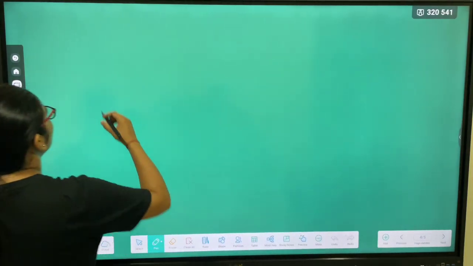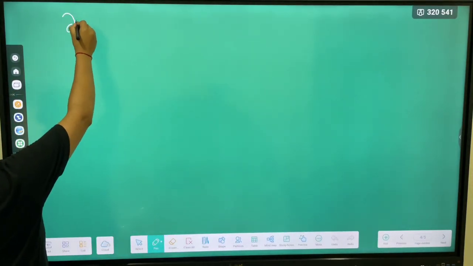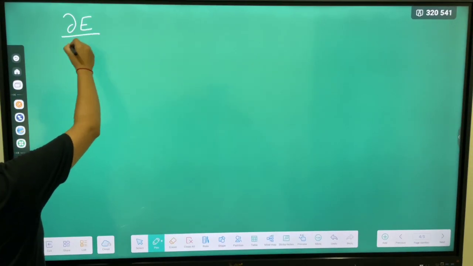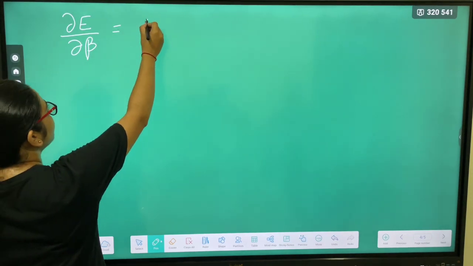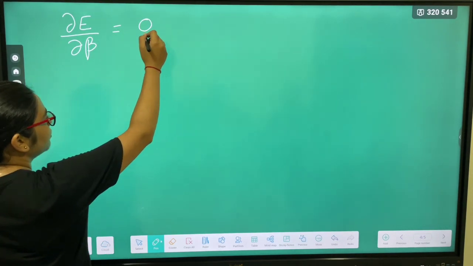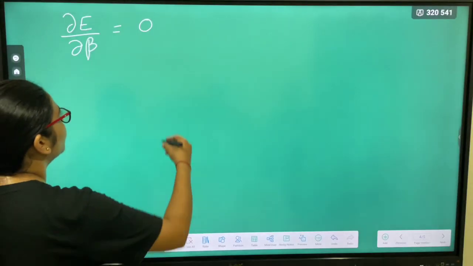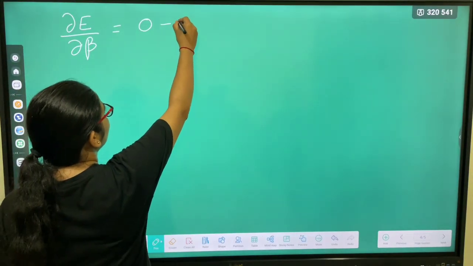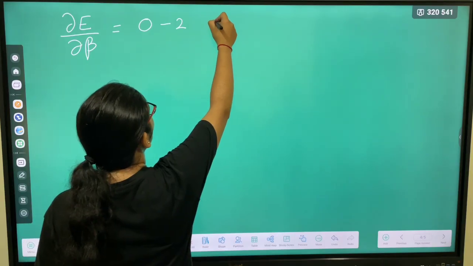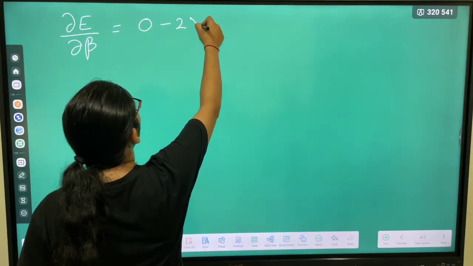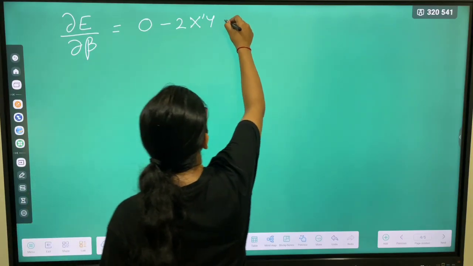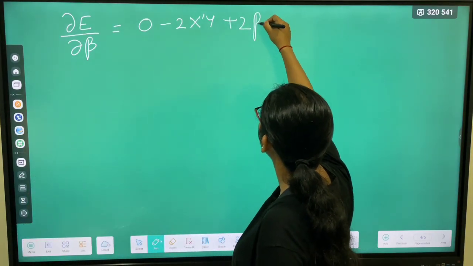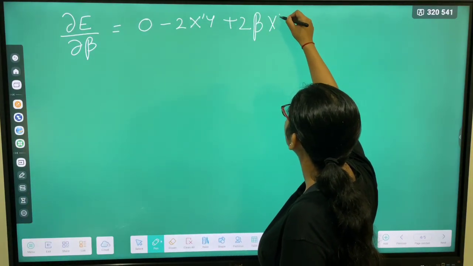Now we will differentiate it with respect to beta. Then we will get differentiation of y dash y as 0, and minus 2 x dash y plus 2 beta x dash x.